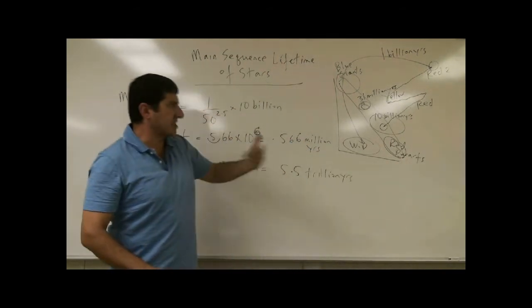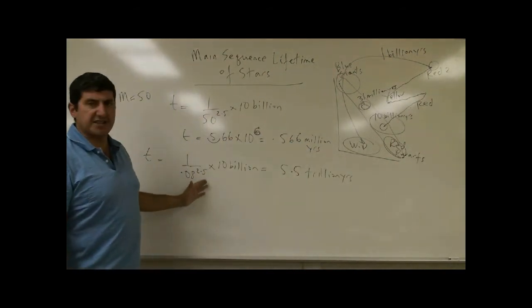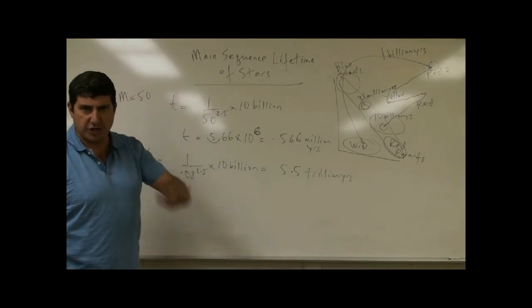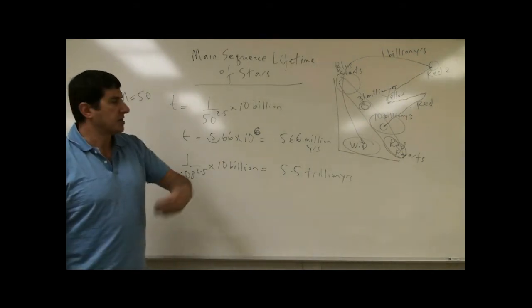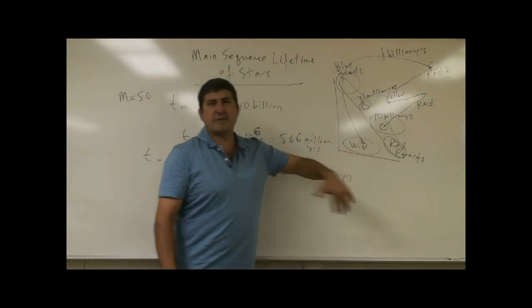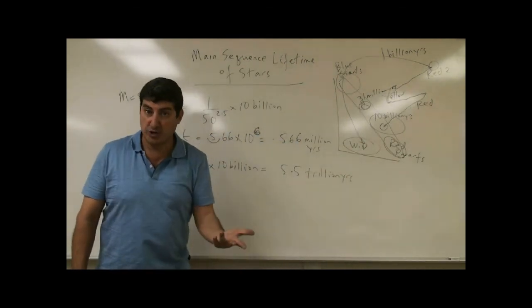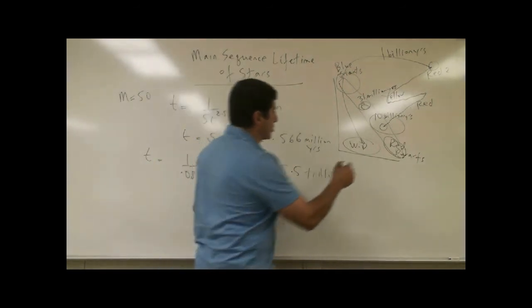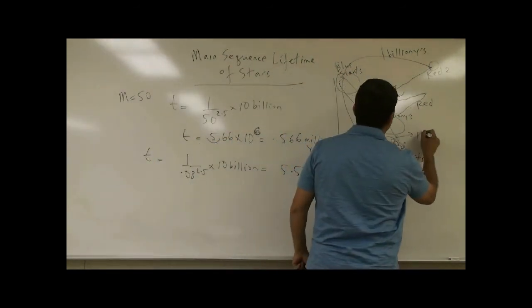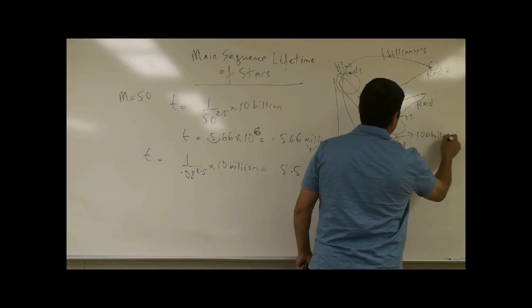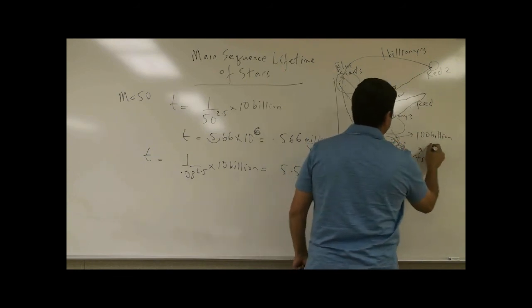Okay? So basically speaking, the ones that are lighter than the sun by 10-fold or 100-fold can live about 10 billion, 1,000 billion, 1 trillion. Okay, roughly speaking. So these guys will live about 100 billion, and then maybe these guys will live 1 trillion.